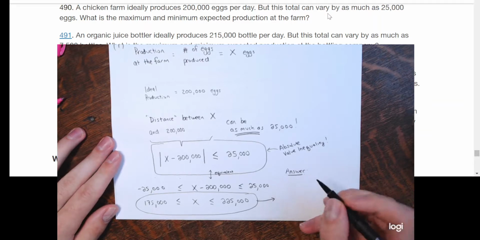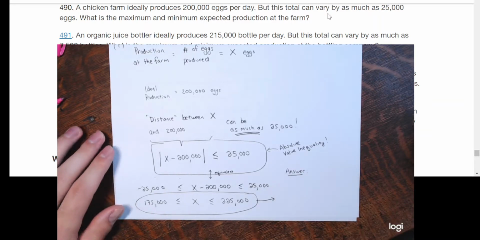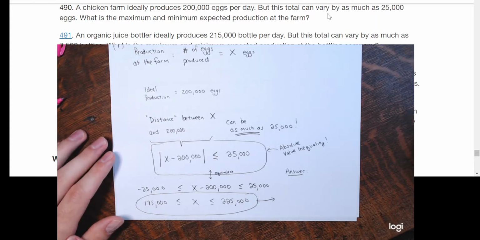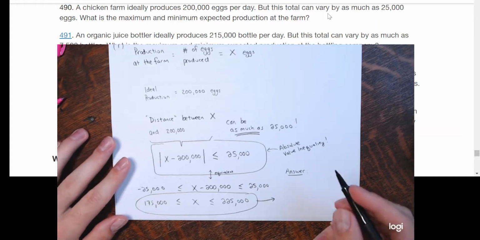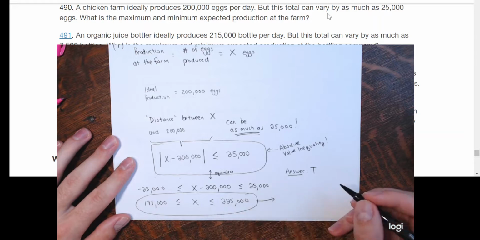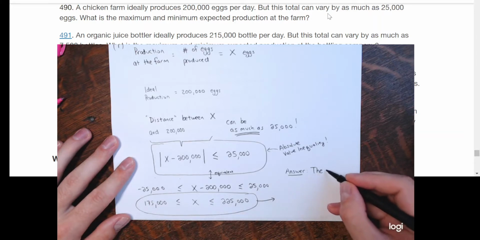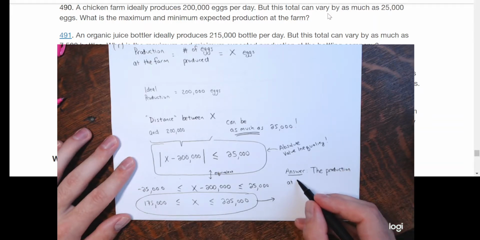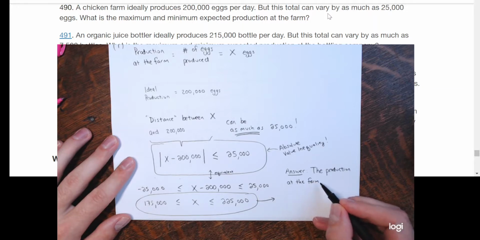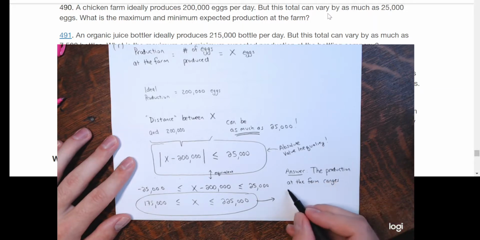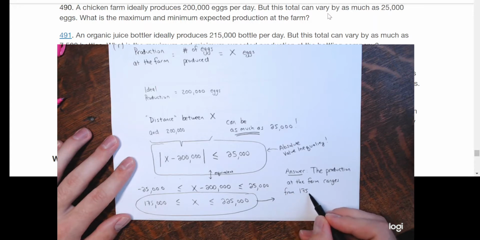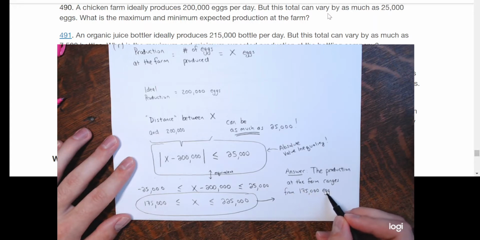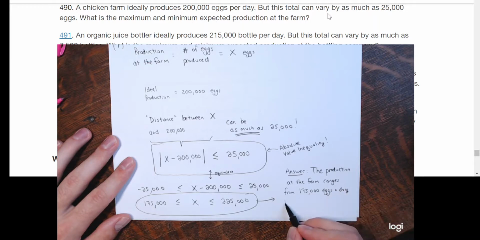So my answer here, based on the results of solving the inequality, I would say the expected production at the farm ranges from 175,000 eggs a day to 225,000 eggs a day. So I'll just say the production at the farm, which was represented by X, ranges from 175,000 eggs a day to 225,000 eggs a day.